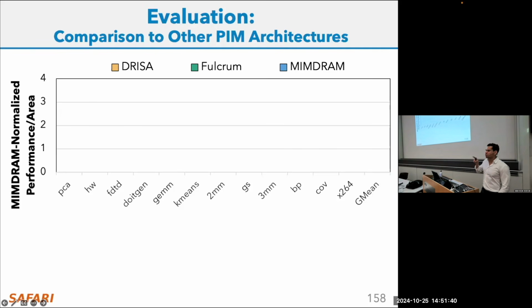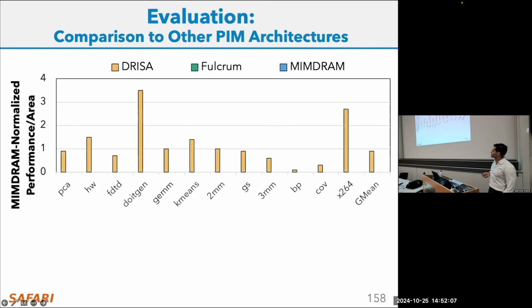They add some NOR gates to each bit line of a DRAM subarray, so you can do Boolean operations in DRAM. So we compare to that substrate and to another processing-near-memory design, which uses a scalar ALU engine at the edge of the subarray to do scalar operations in a processing-near-DRAM type of substrate.